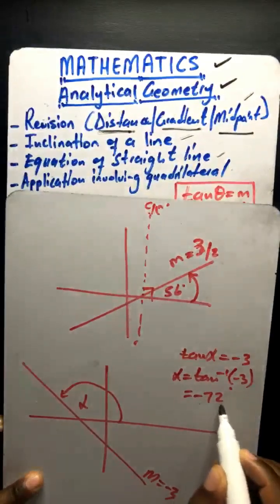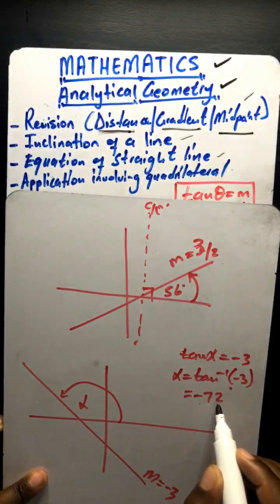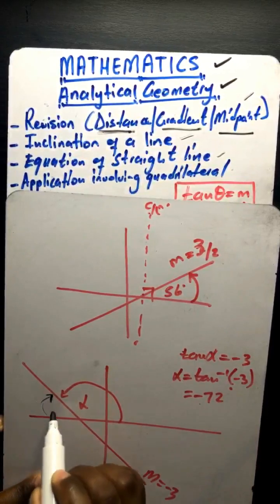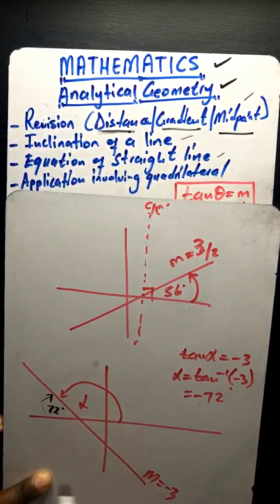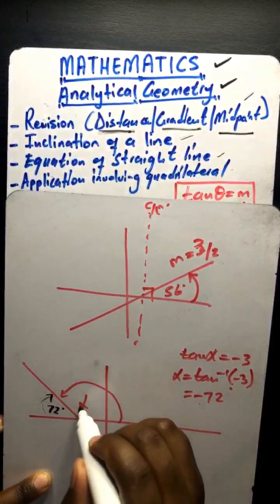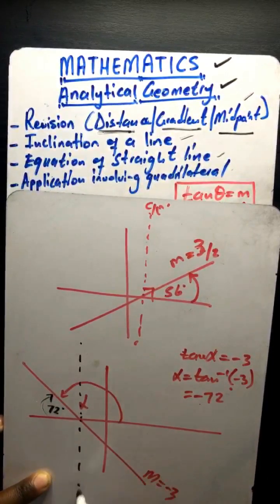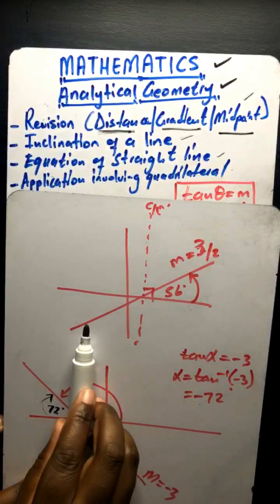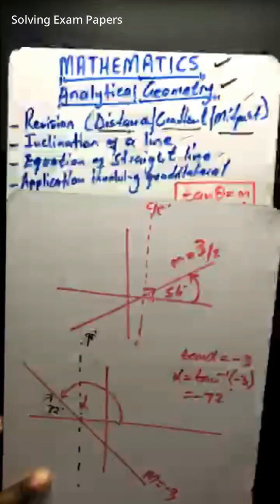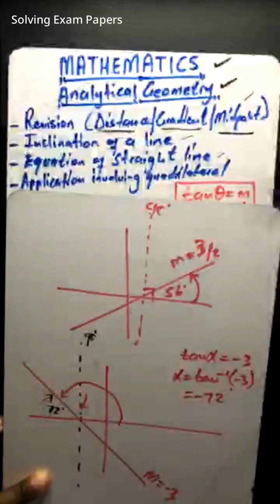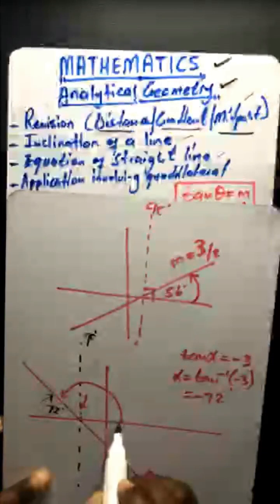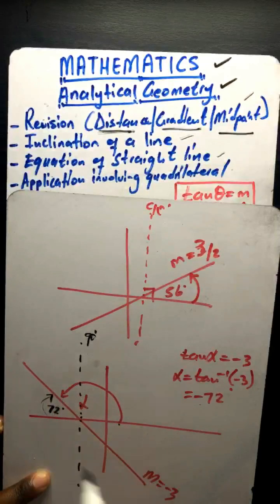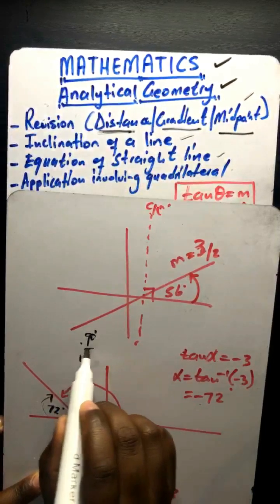So what I was saying is that this -72 degrees is this angle, which is obviously less than 90 degrees. You can clearly see that our angle of inclination went past 90 degrees. So already your angle of inclination has to be over 0, 1, 2, 3, 89, 90, 91. It has to be a number greater than 90.